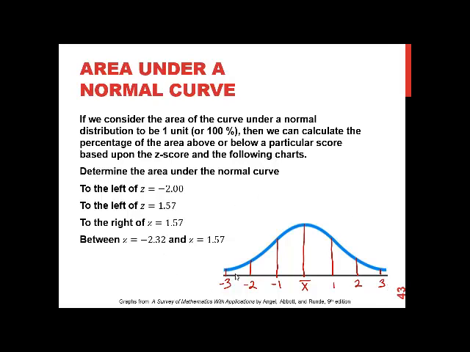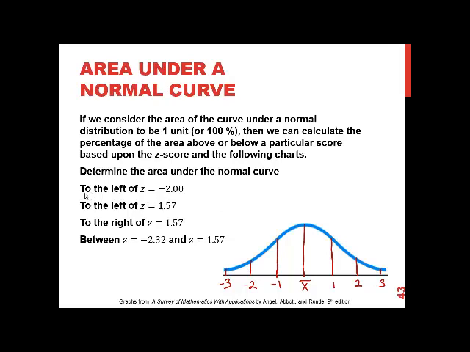We have charts that will tell us the amount of area to the left of all the z-scores. And we can use that to determine how many students did better than this certain score, how many did worse than this certain score, how many did between these two scores.